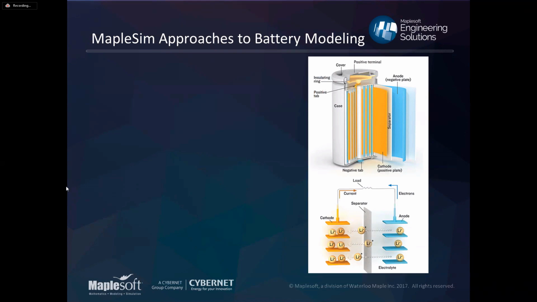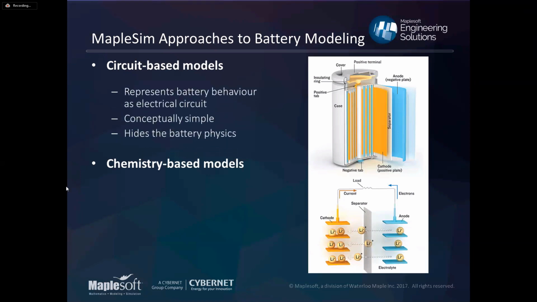The two modeling approaches used in MapleSim are equivalent circuit-based models and electrochemical-based models. Circuit-based models use electrical circuits that reflect the charge capacity and internal resistance through the use of standard electrical components to represent these properties.